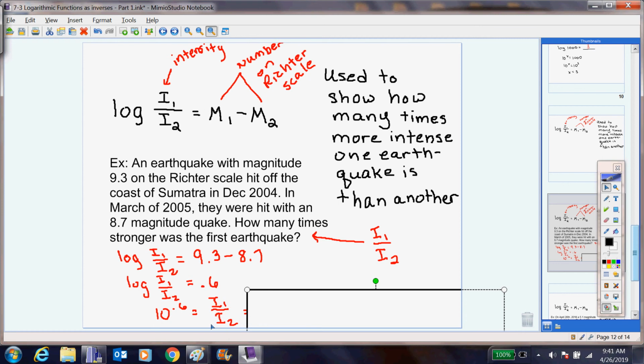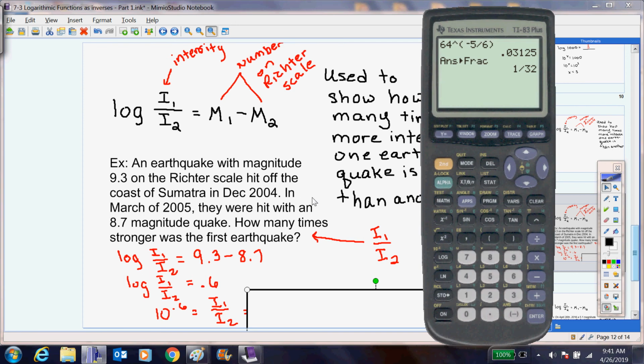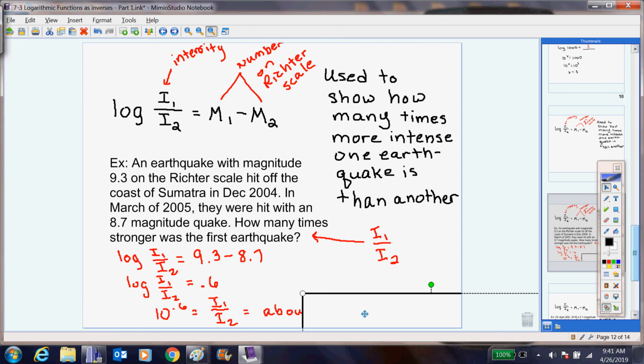So if you were to put in your calculator 10 to the 0.6 power, we get 3.98. 3.98, that's how many times stronger this earthquake is than this earthquake. So it would shake about 4 times harder, okay?